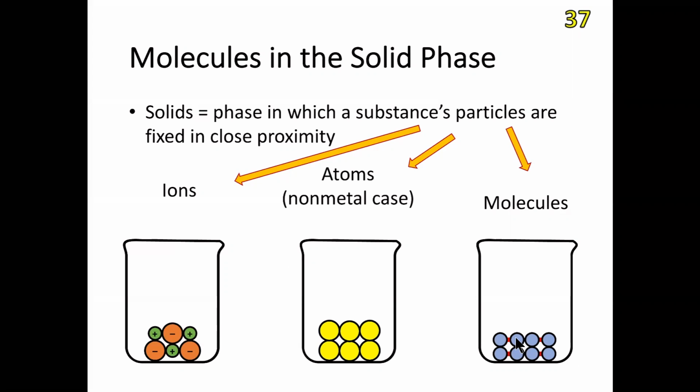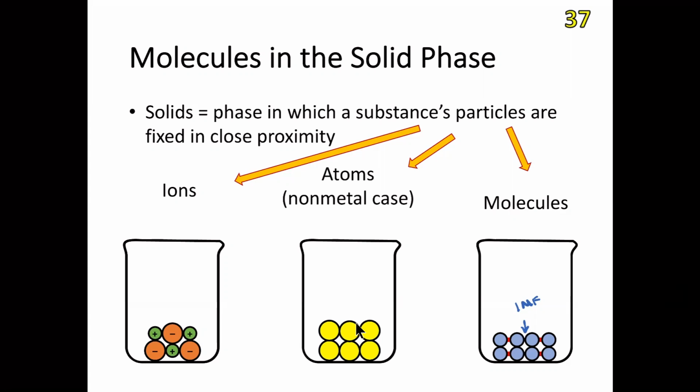Whereas molecules have very specific connections, and individual molecules are only attracted to each other through intermolecular forces, which are much weaker. So we expect molecular solids to have lower melting points than ionic solids.